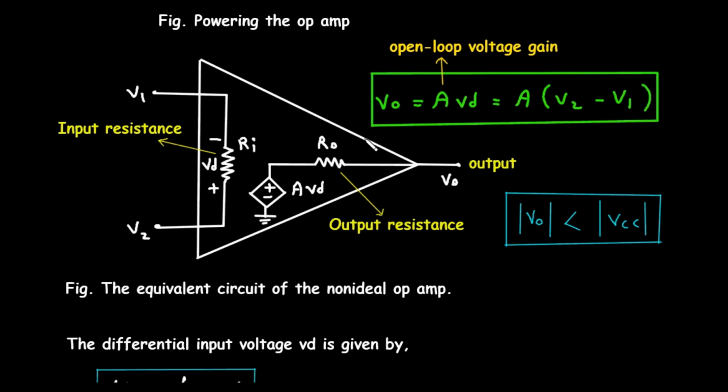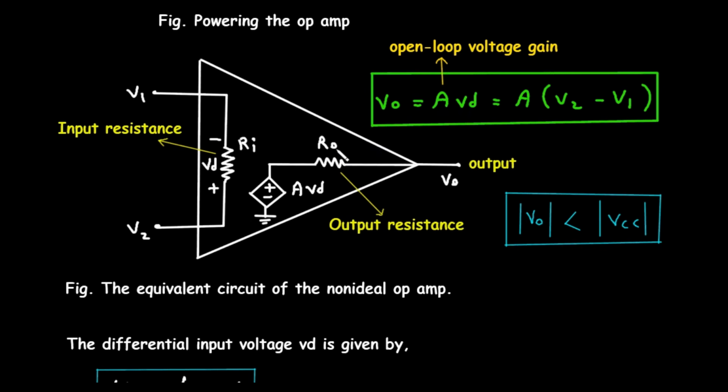Now why is it called open loop? This is the gain of the op-amp by itself without any feedback components. So we can make it closed loop or open loop. A is called open loop because this is the gain of the op-amp by itself without any feedback. Then next is RO.